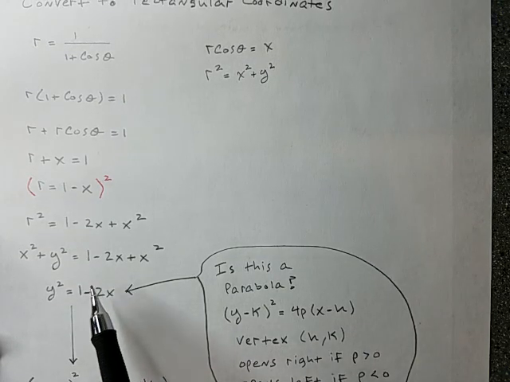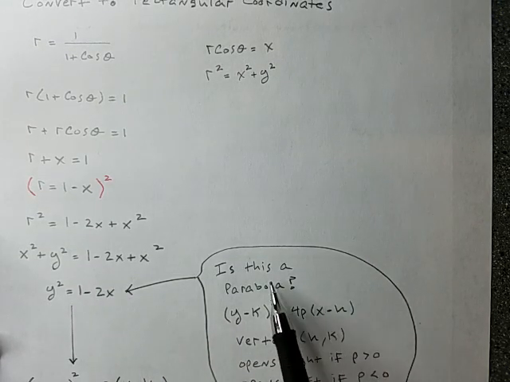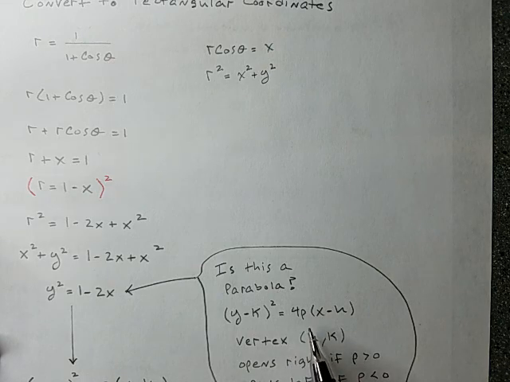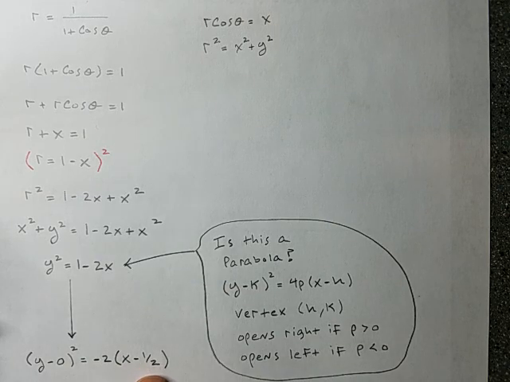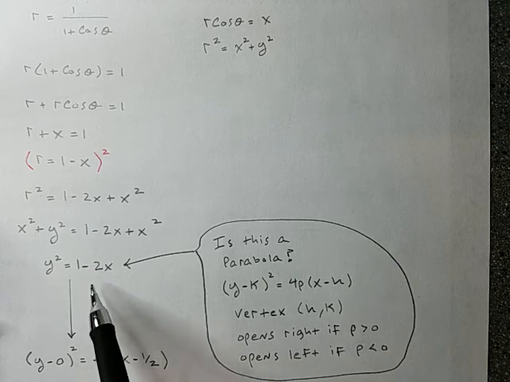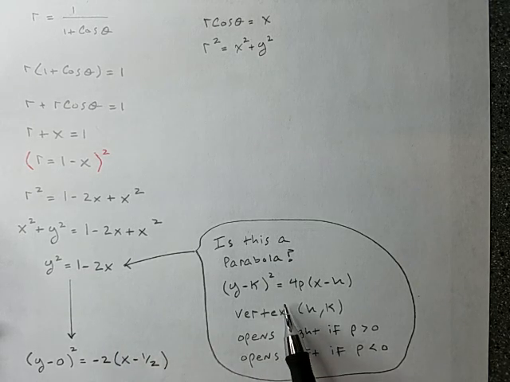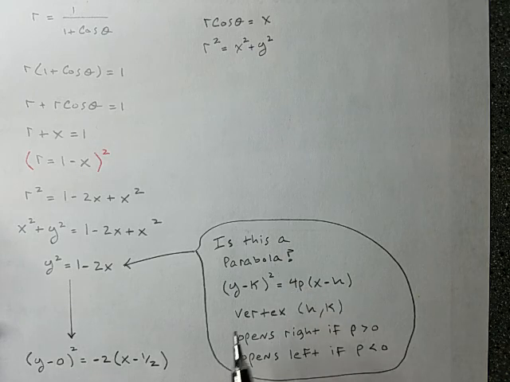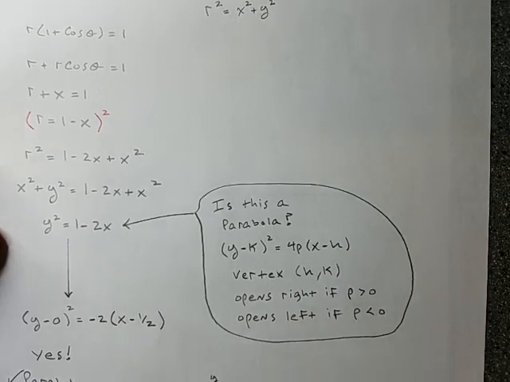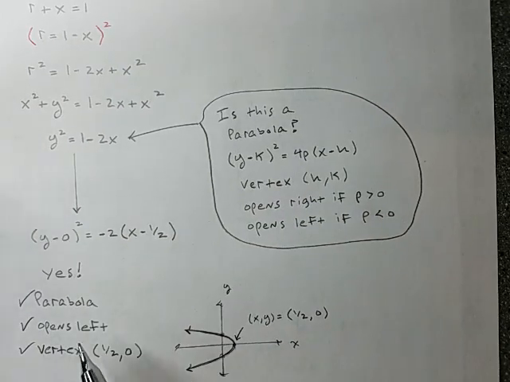So with just a little bit of work, I can get an equation that's like that. Okay, you see this right here? I can introduce that this way. If you distribute that 2 again, then you'll get back here, but that's the overall form that we see there. Even though I don't explicitly see a 4, that's a number, and it's negative. So what this says is that it is in fact a parabola, and it opens to the left, and it has a vertex at 1/2 for x and 0 for y.